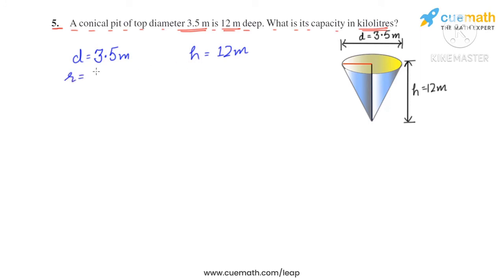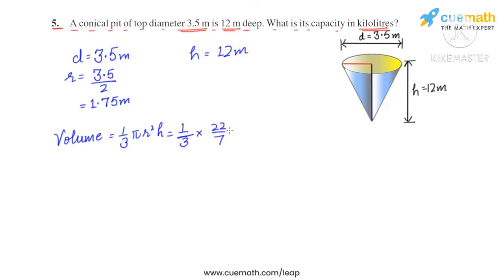Now to find radius, we will halve the diameter, that is 3.5 divided by 2, which will be equal to 1.75 meters. Now let's find the volume. So volume will be equal to 1 by 3 pi r square h. It means 1 by 3 into 22 by 7 into 1.75 whole square into height is 12. So when we multiply this, we get the answer 38.5 cubic meters.